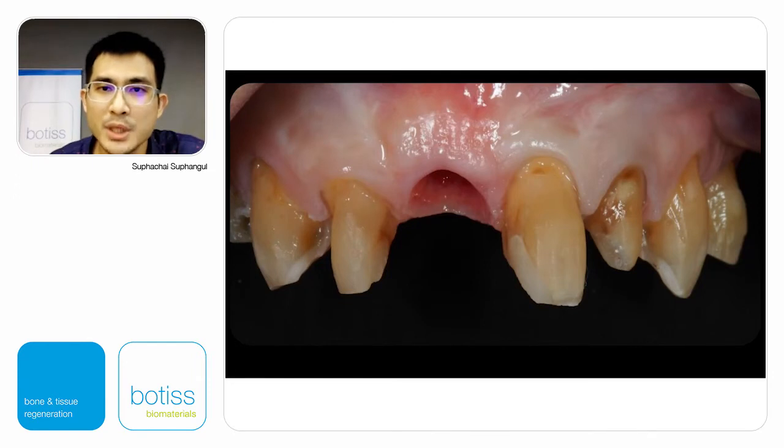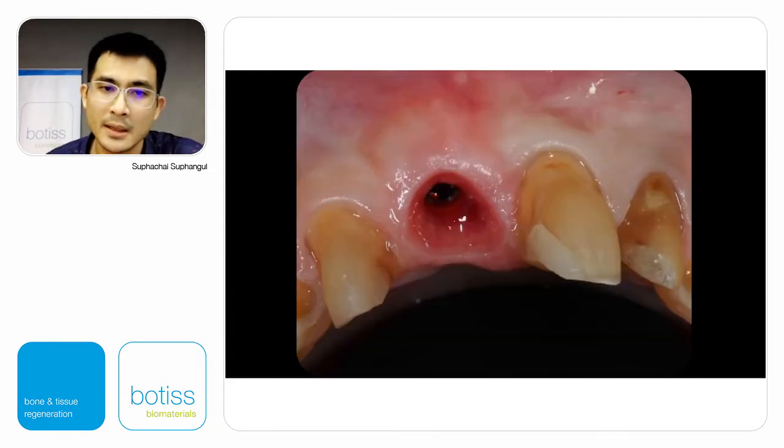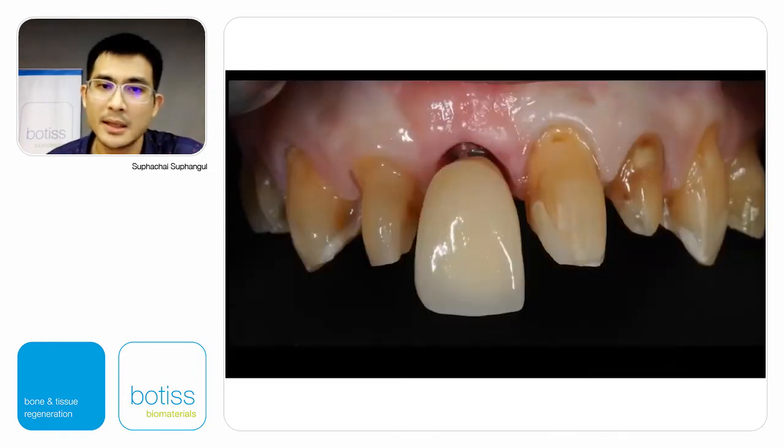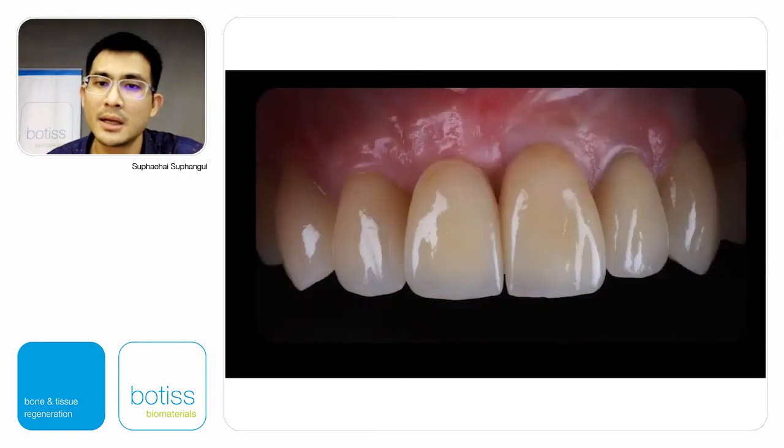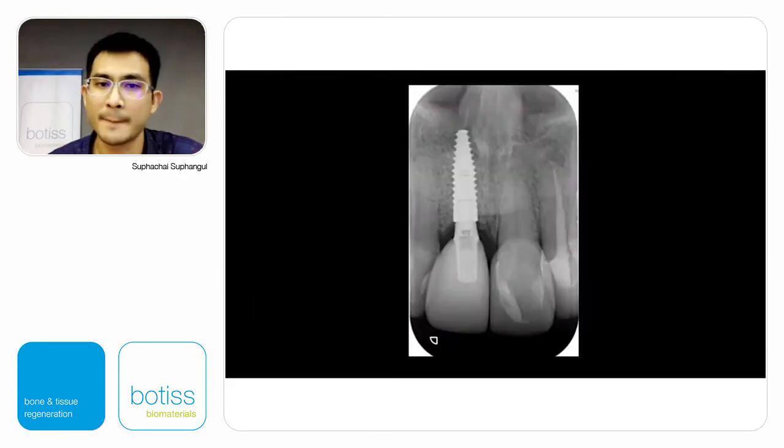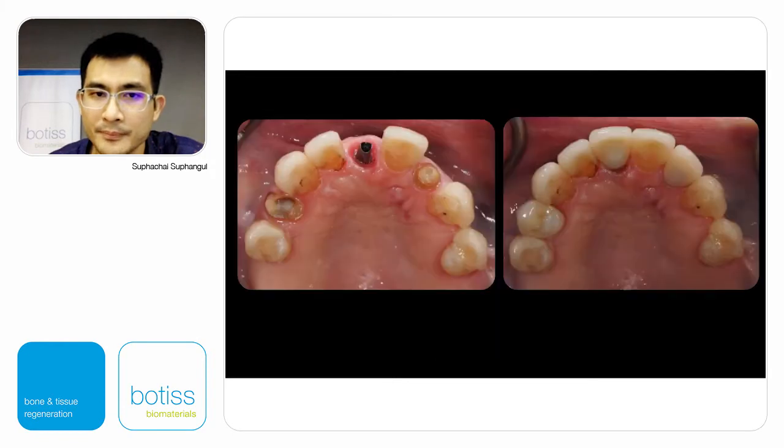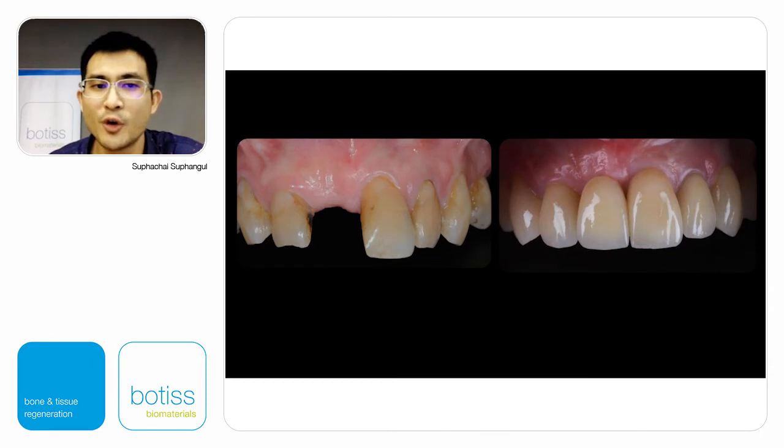After removing the provisional, you can see the soft tissue profile is kept very well. This is the X-ray after prosthesis restoration. Before and after.